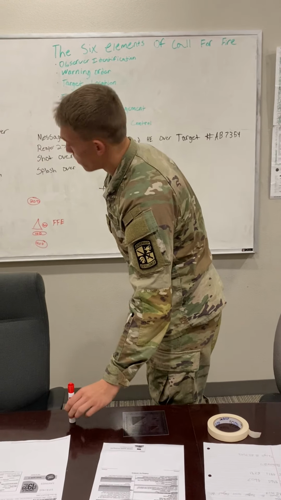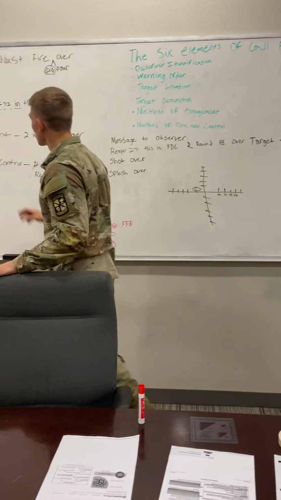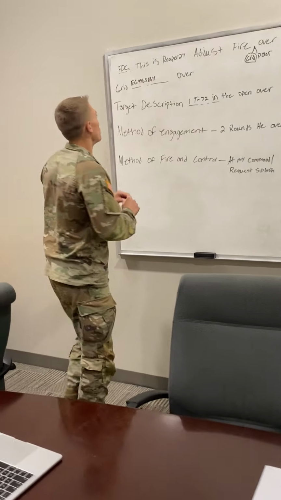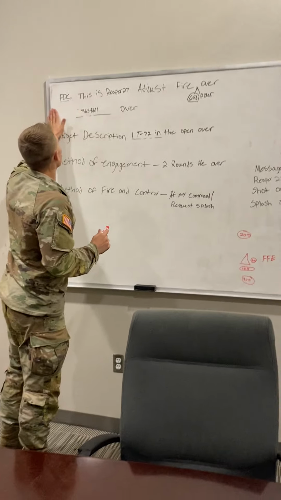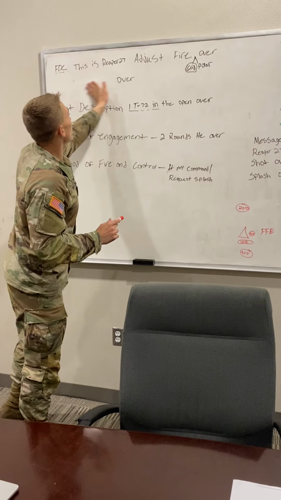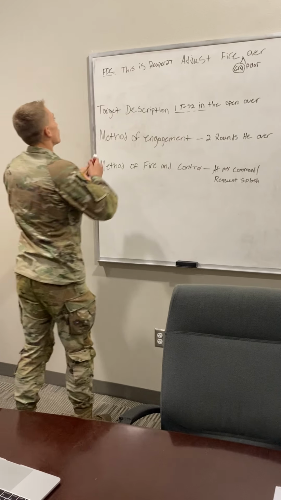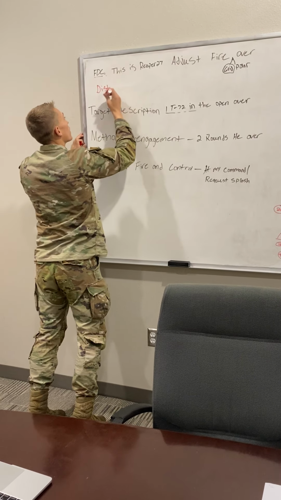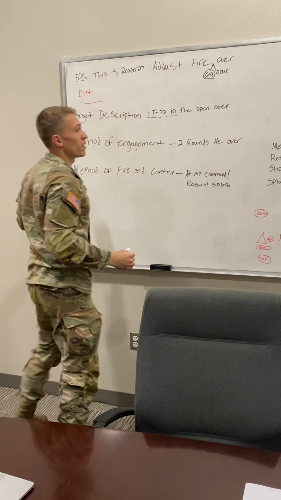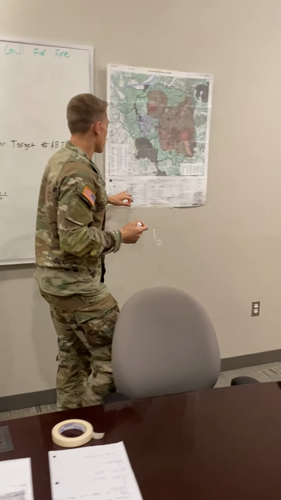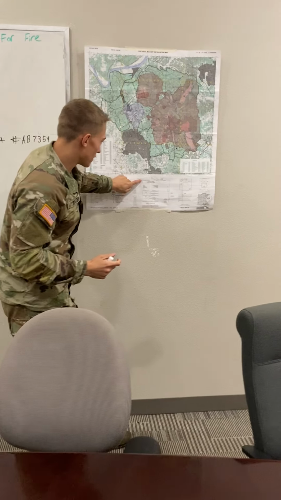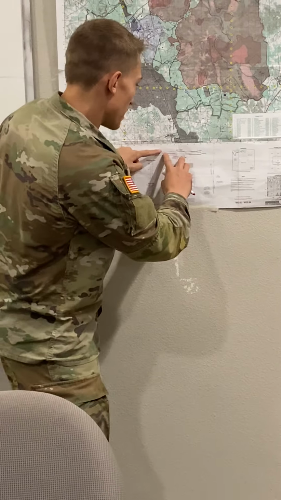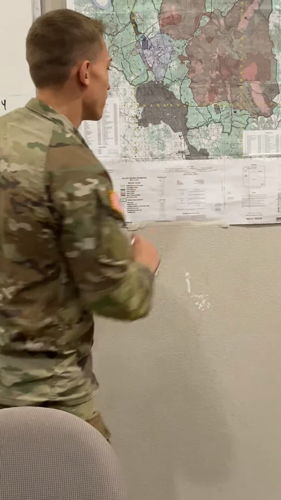So calling a polar mission is a little different, because instead of your grid, I'm not going to touch on this too much, but I'll give you just a general basis. This will go from your distance from the target, which you'd estimate using your map. You could use your legend on your map, and it gives you your legend scale interval right here, how far away something is, so you can see 0, 1, 2, 3, 4.